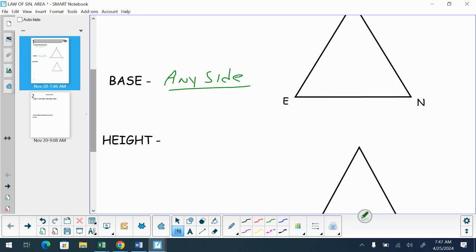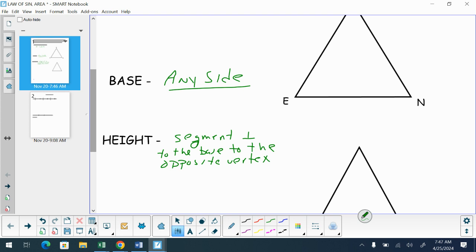The height is a segment perpendicular to the base to the opposite vertex.